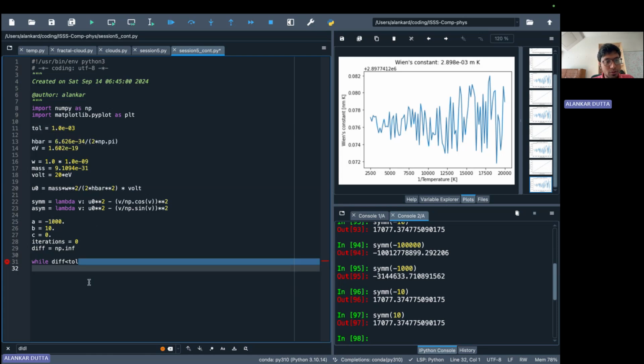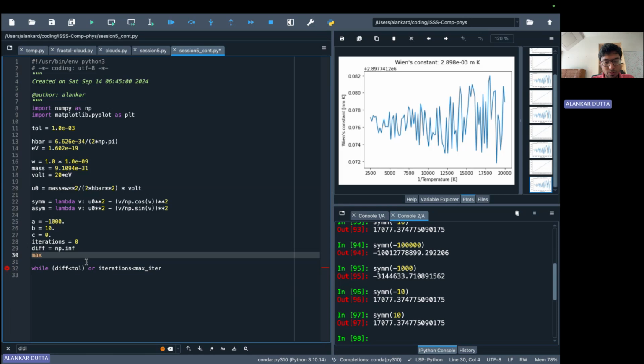So if diff is less than tolerance, we are going to loop, or sorry, iterations is less than max iter. So we set max iter equal to, say, 5,000 iterations is what we are willing to go at max.